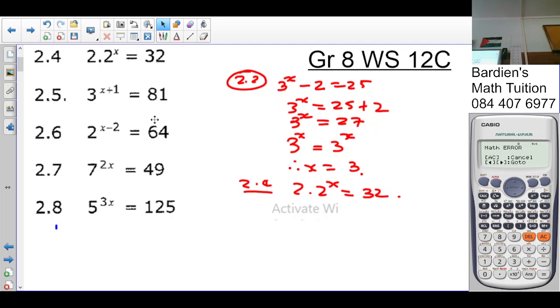Now make a note there. Everybody make this note. You cannot multiply those two bases, 2 times 2 to the x. You can never multiply this. Why? Because that is a variable exponent. So you cannot multiply those bases, because of the variable exponent.